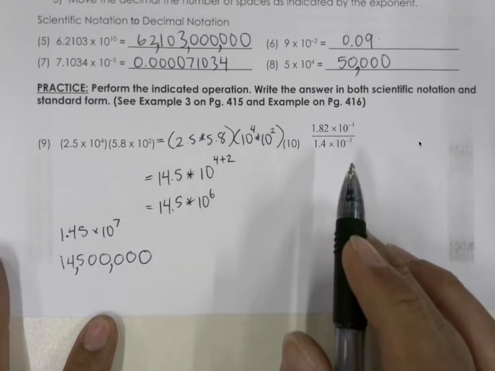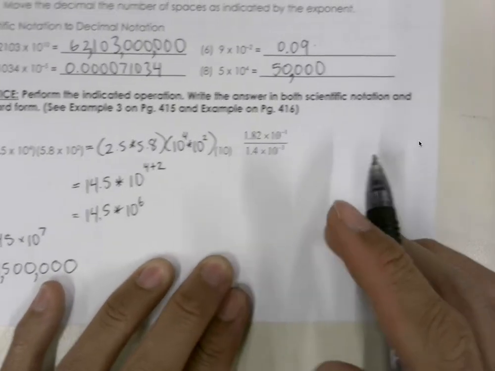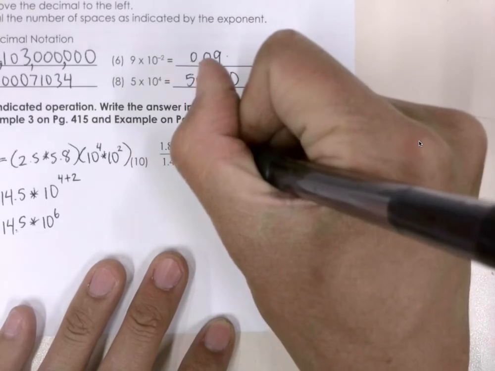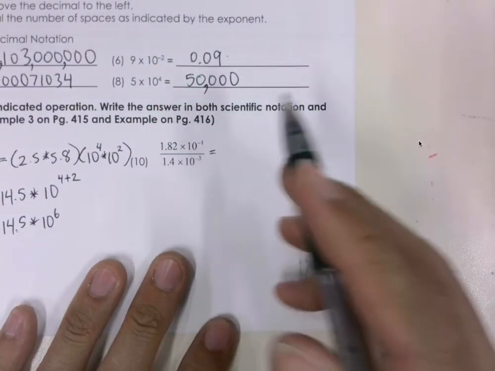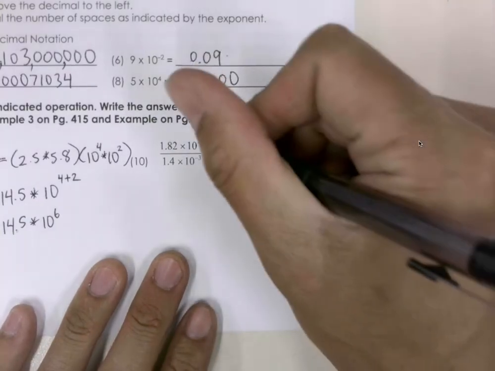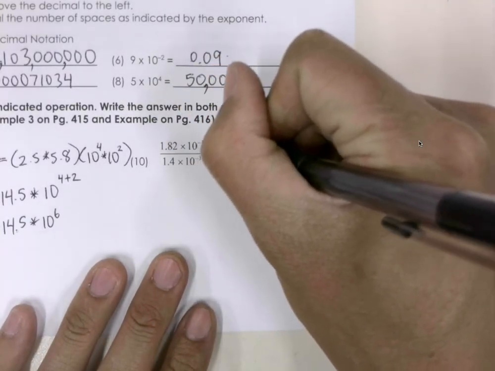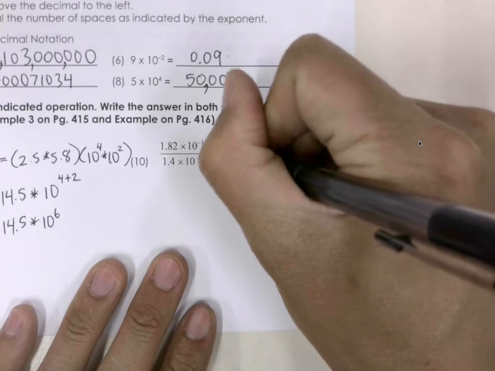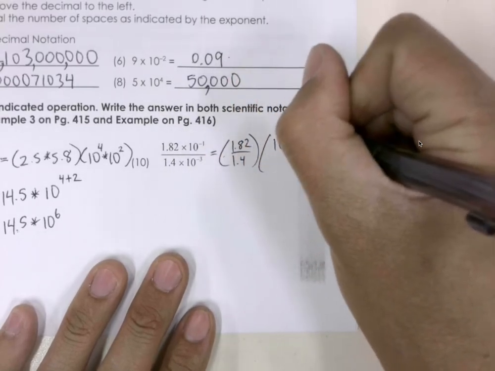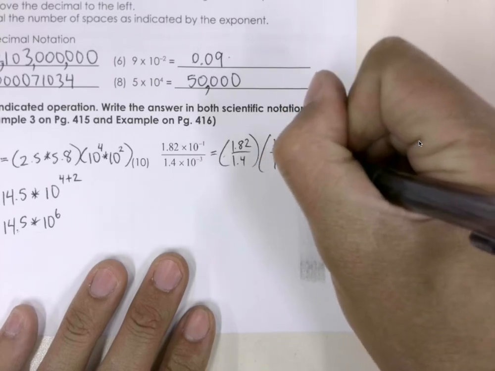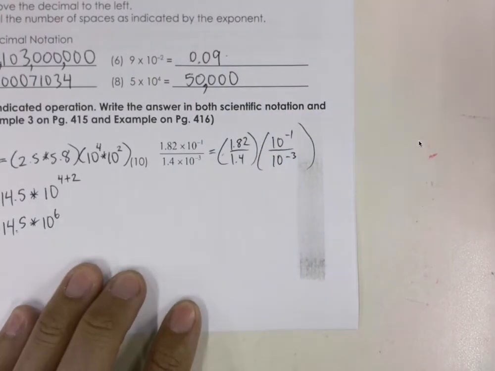Yep. We'll go ahead and take a look at this one over here. So for this problem, we can divide the prefixes and the powers separately. Right? So we can say 1.82 divided by 1.4, and we'll multiply that by 10 to the negative 1 over 10 to the negative 3, like that.